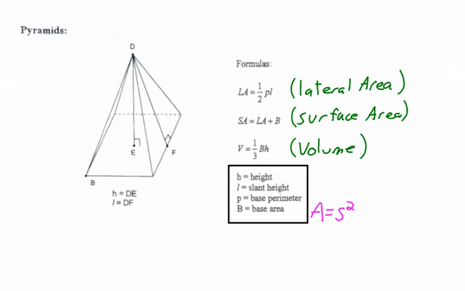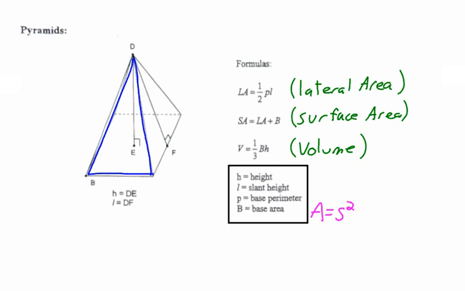A square pyramid has 4 triangular sides, 4 equal or congruent triangular sides. So what's the area of all 4 of those sides added together? This is the formula: 1/2 times the base perimeter times the slant height. That will give you the lateral area, or the area of all 4 of my triangles on my pyramid.